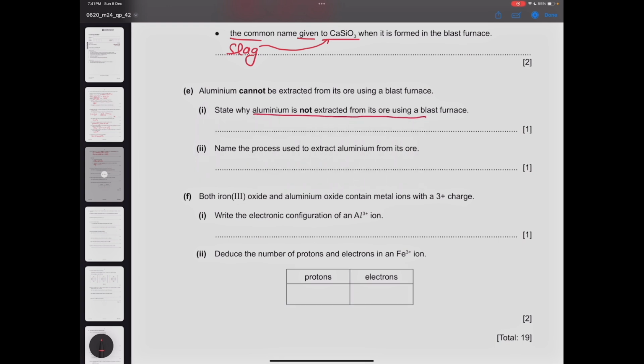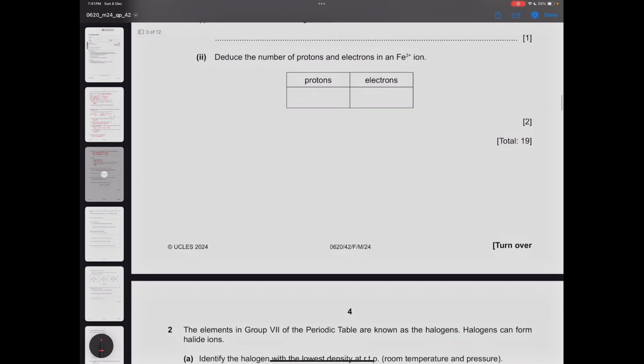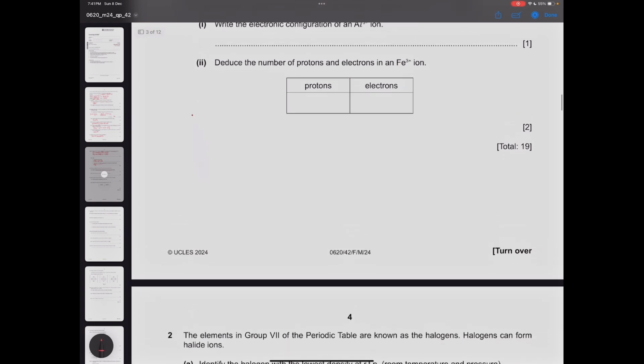Fair point, they're just asking you that in some reactions you do electrolysis, in some reactions you do reduction with carbon using a blast furnace. So, why is that? I want all of you to just remember this, that all the metals above carbon are extracted by electrolysis because they are more reactive, right?